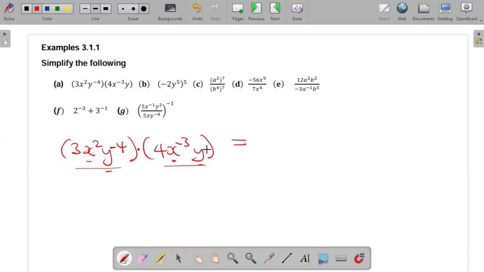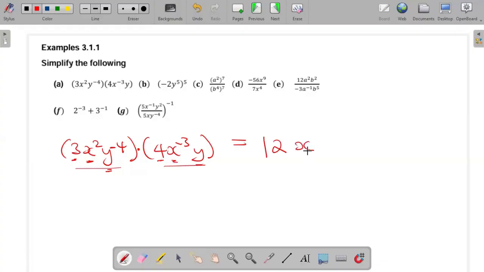With the numbers, I have 3 and 4, which multiply directly. 3 times 4 is 12. Then I have a base of x and y here and also a base of x and y there, so I'll write that base.